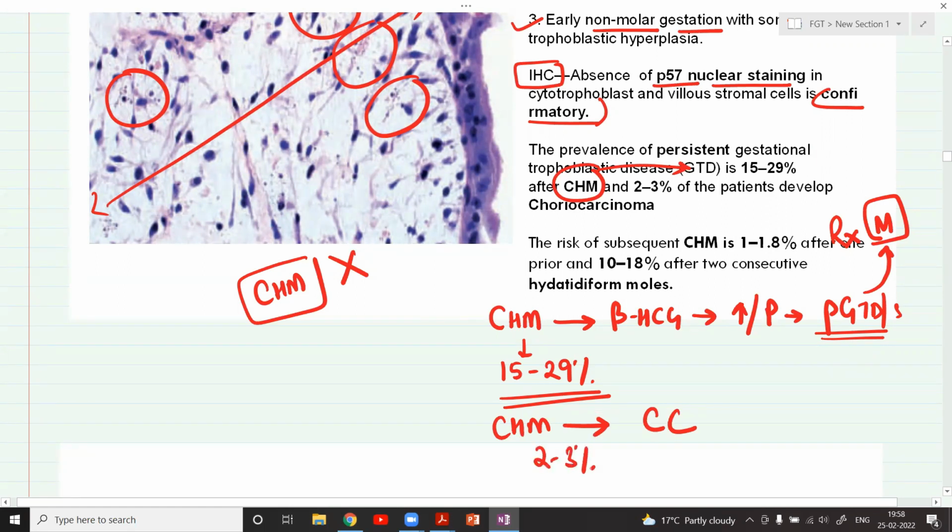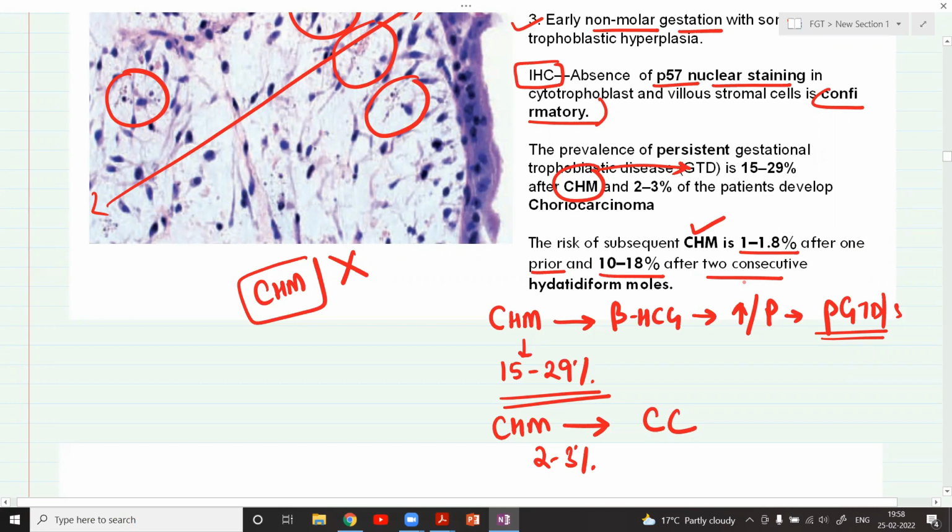For example, someone had a complete hydatidiform mole, and then had a miscarriage, and the patient asks the doctor what the risk is in the next pregnancy. The risk of a subsequent complete hydatidiform mole is 1 to 1.8% after one prior and 10 to 18% after two consecutive hydatidiform moles.